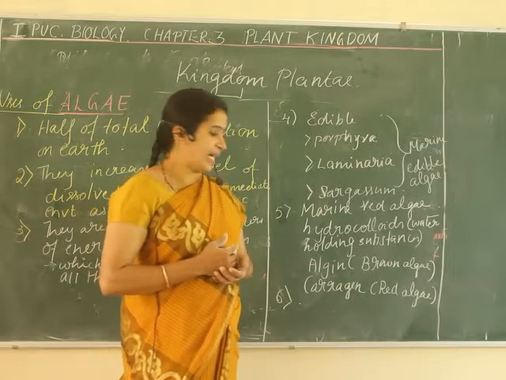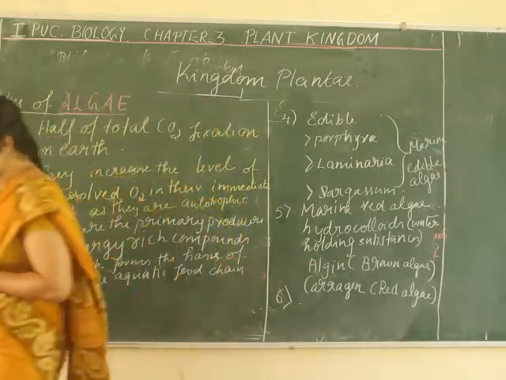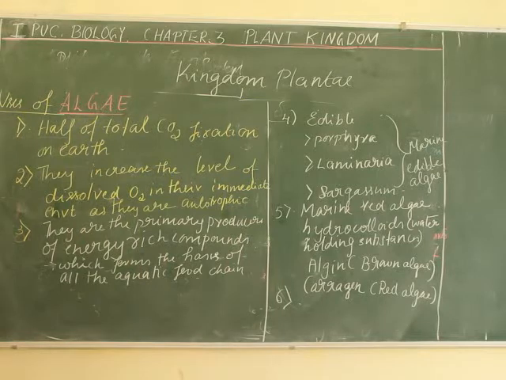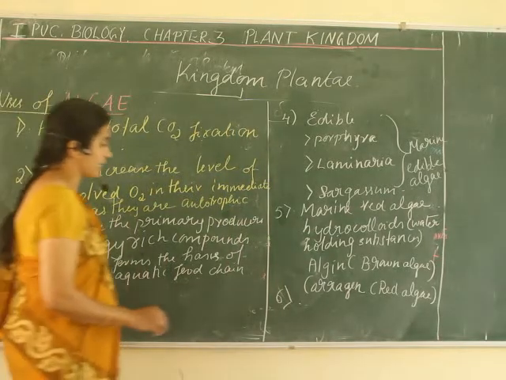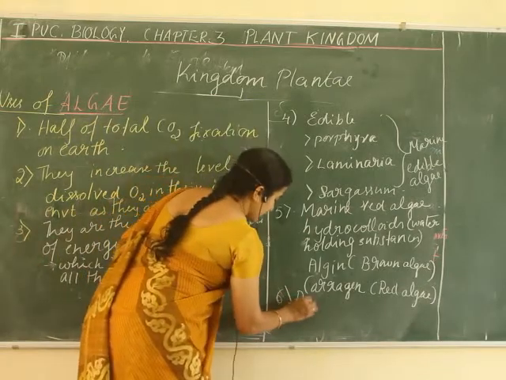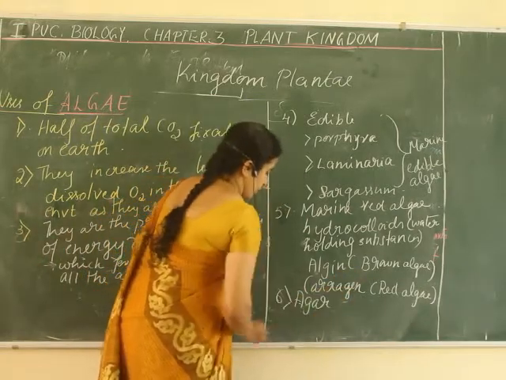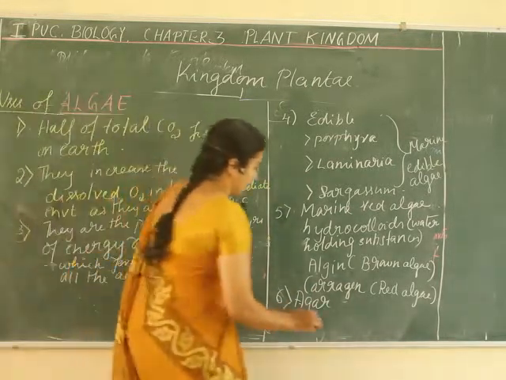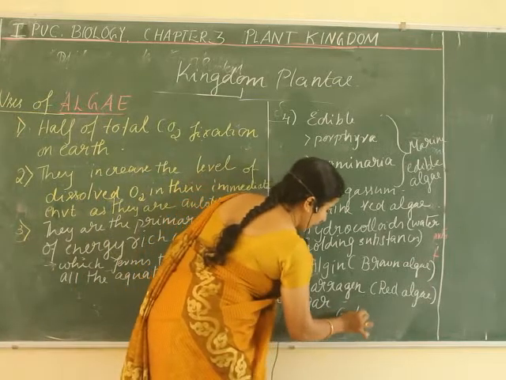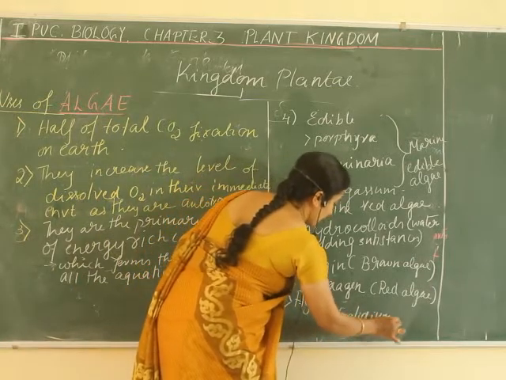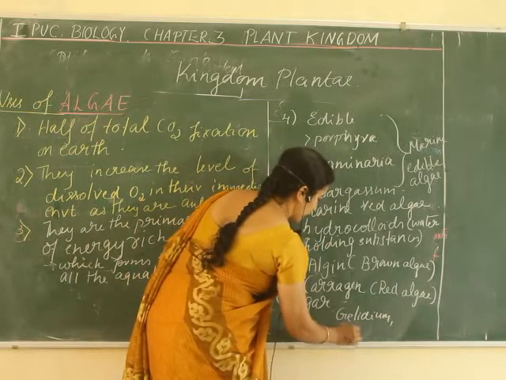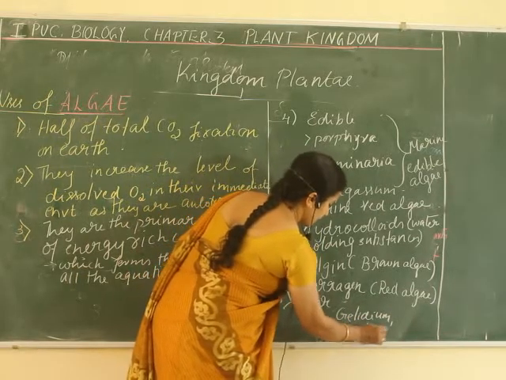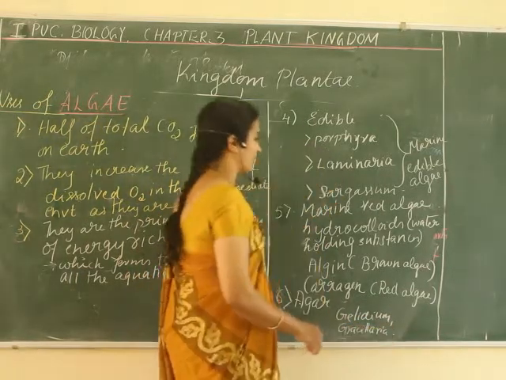Agar is one of the commercial products obtained from Gelidium and Gracilaria. You have to remember the names of the algae from which each commercially useful product is obtained.